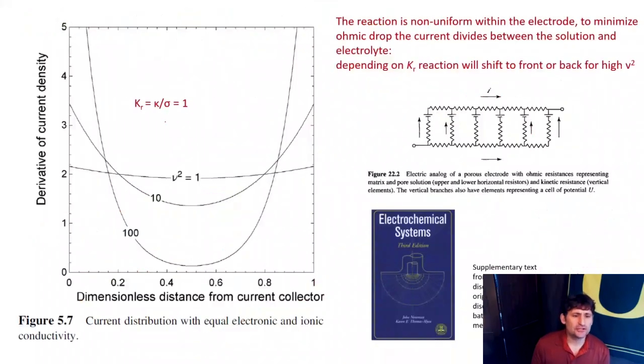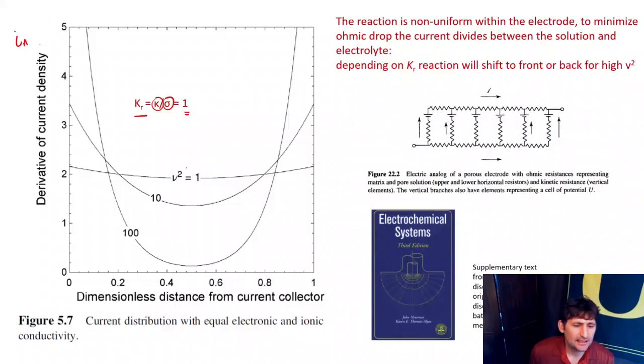You can think about other situations. So if the ratio of kappa to sigma, the electrolyte to electrode solid conductivities is 1, these plots look pretty symmetric. So this is, again, the derivative of I star related to derivative of I2, the current in the electrolyte. And so this is related to In.